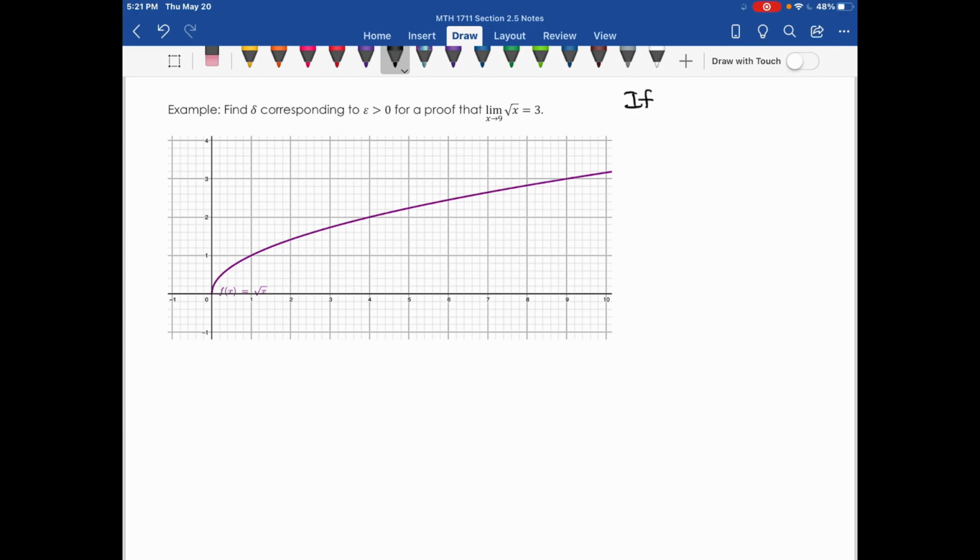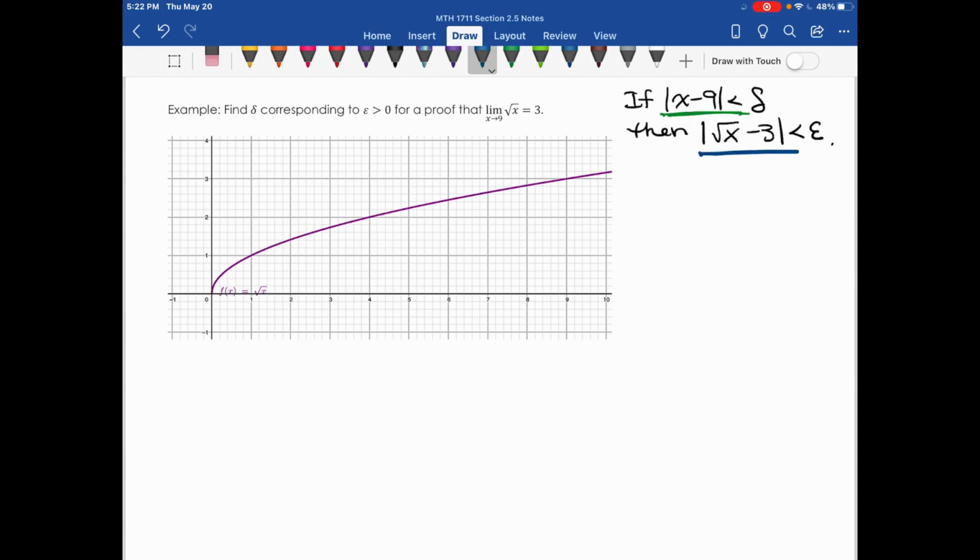So we want to show that if the absolute value of x minus 9 is less than delta, then the absolute value of the square root of x minus 3 is less than epsilon. This is what we want to show.